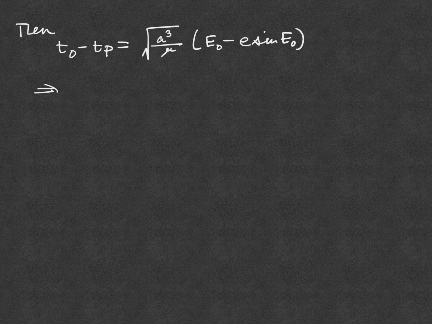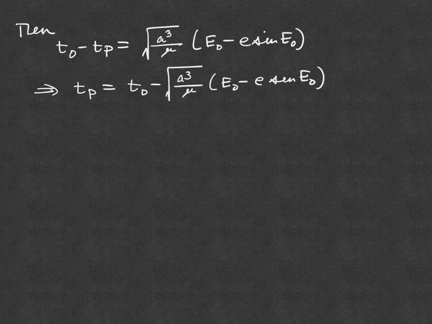And that gives that Tp is equal to T0 minus the square root of a cubed over mu times E0 minus little e times the sine of E0. And you'll notice in this equation that we know T0 and we know E0 because we just computed E0 in the previous step. So now we know Tp. So we're done computing Tp.